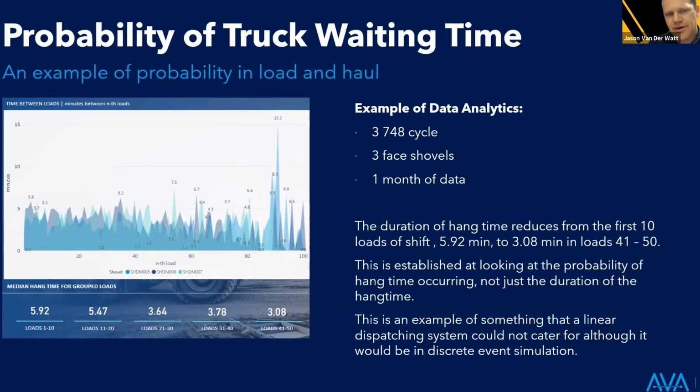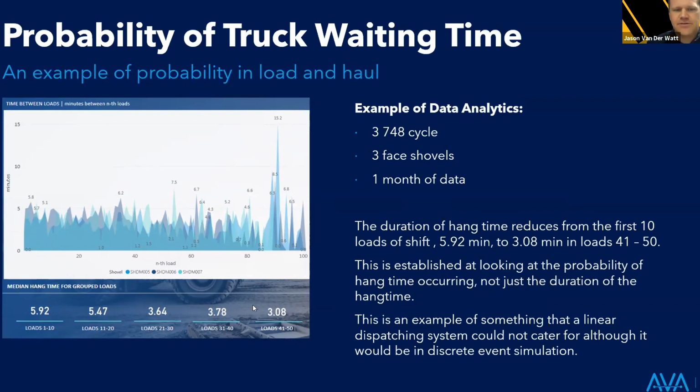So truck leaves the hard park and it gets down to the loader, but then all the trucks arrive at the same time. They all go and dump, they all bunch at the dumping and they come back. So this is about getting into steady state. But this is a probability. There's a probability that hang time occurs within the first 1 to 10 loads, and there's a probability that it occurs between loads 40 and 50.